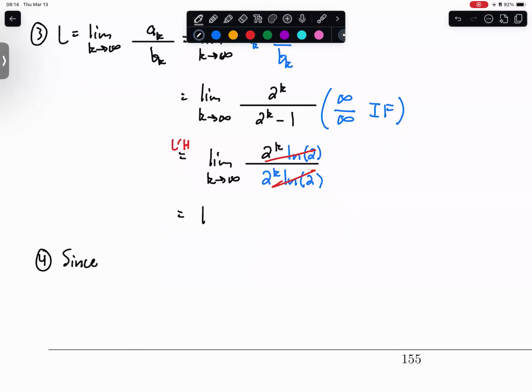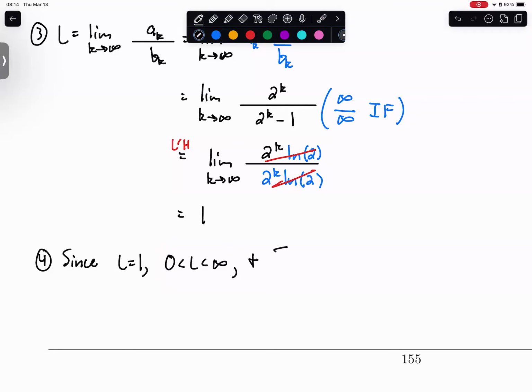So since I know that my L is equal to 1, and I know that L is positive and finite, which I have to state because it's my giveaway that says yes, I can use the limit comparison test.